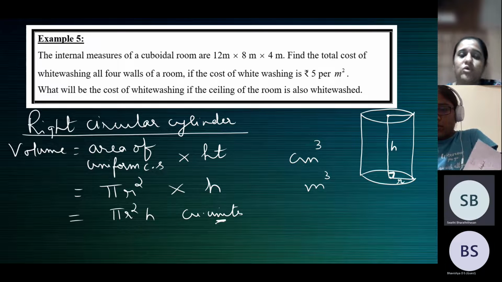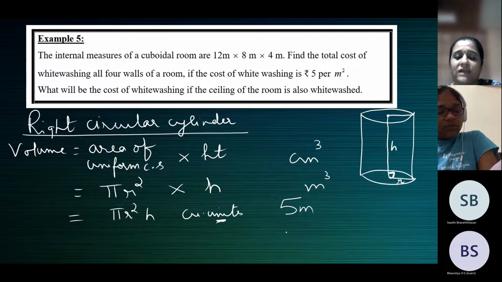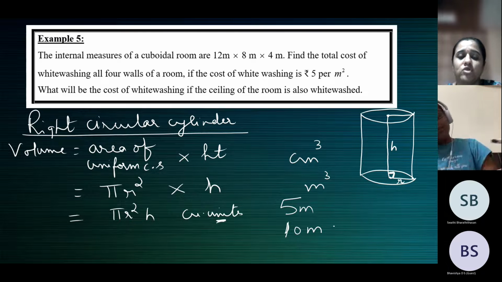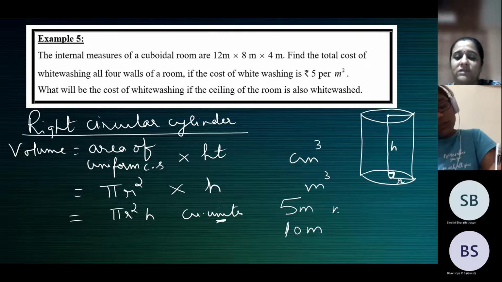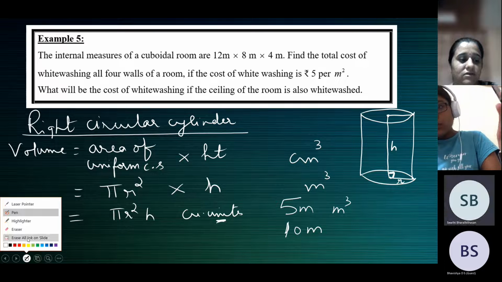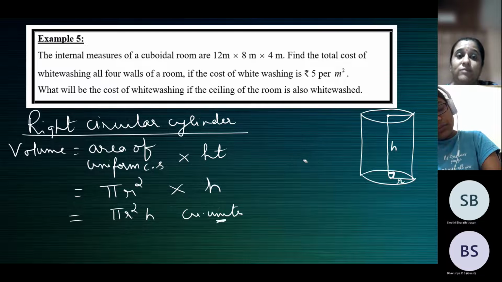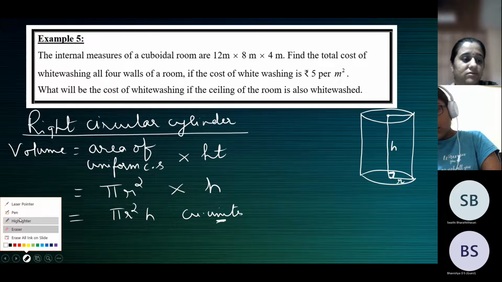So in the question, if you are given the radius as 5 meters and the height as 10 meters, then whatever answer you get for the volume, you should write it in meter cubed. Cubic units is just to say in general because we don't know the unit.